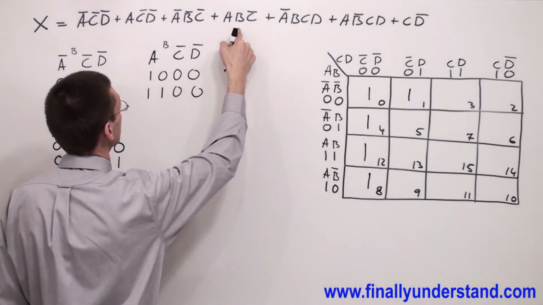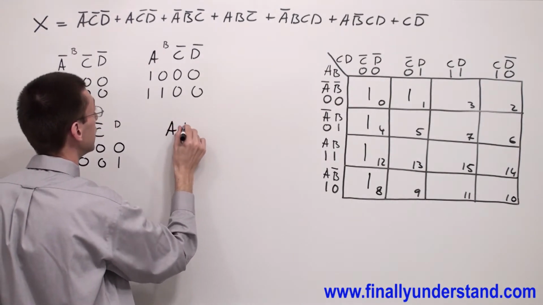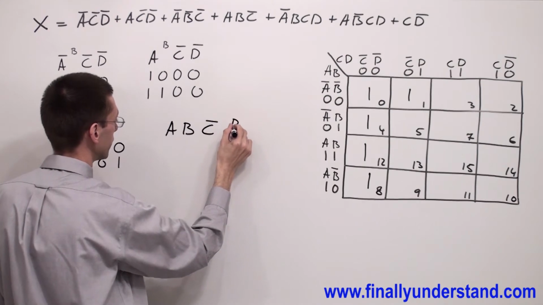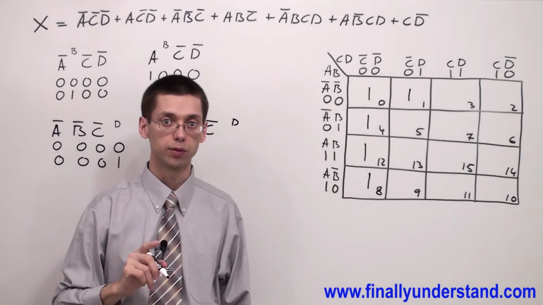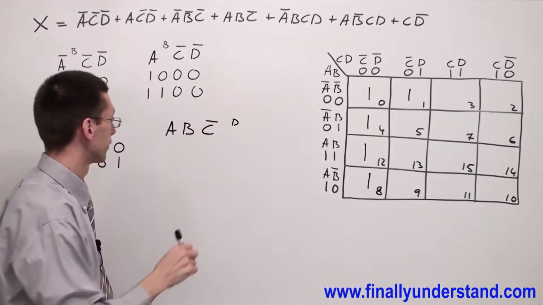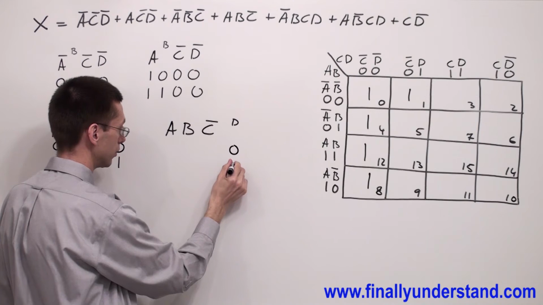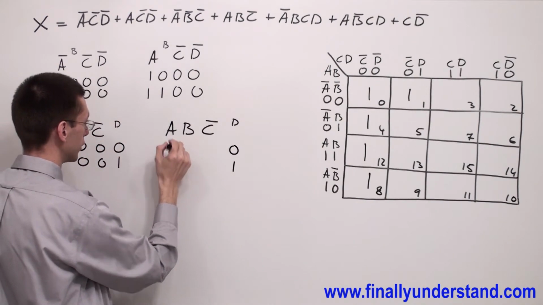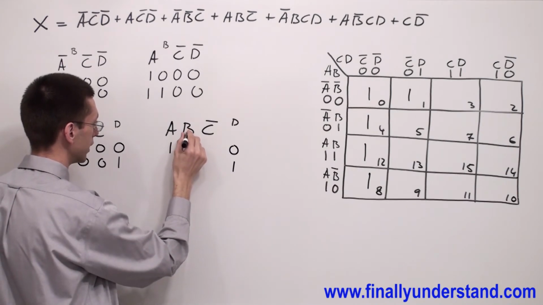Now let's take a look at the fourth term. I have A, B, C naught. Again, I'm missing D. One variable can carry 2 combinations, 0 or 1. A represents 1 because there is no negation bar. B also represents 1.